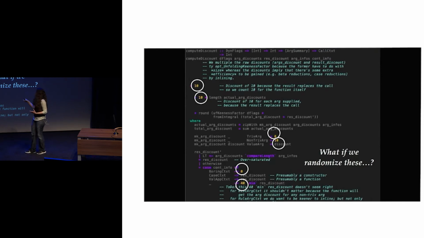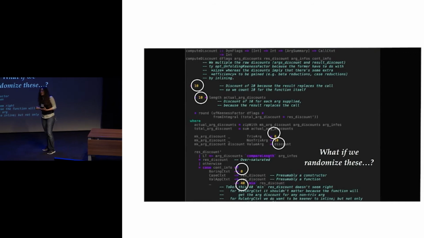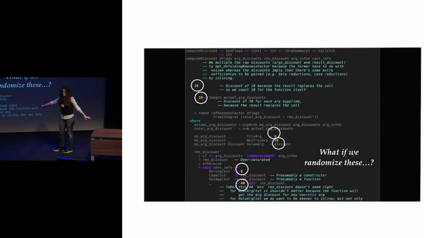It goes over each of the arguments and decides how interesting they are. If it's trivial, it calls it a trivarg, and it gives it an additional discount of 0. And if it's non-trivial, and this is all calculated and determined elsewhere, then it gives the argument a discount of 10, and then does some further things with the continuation. It ultimately doesn't matter exactly what it's doing.